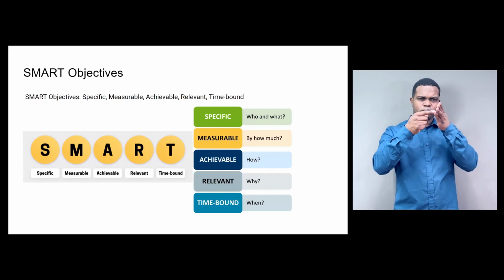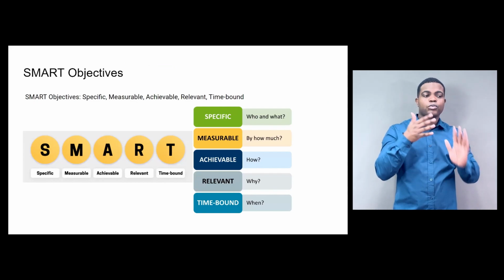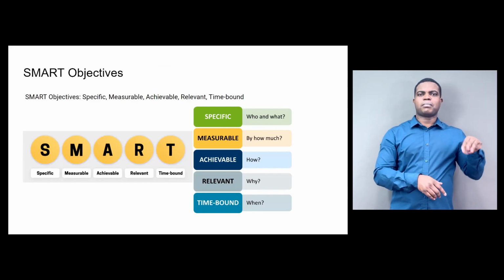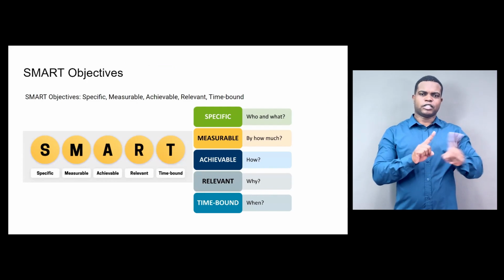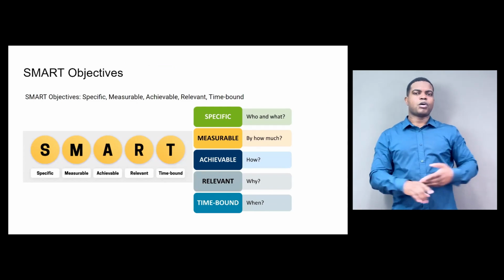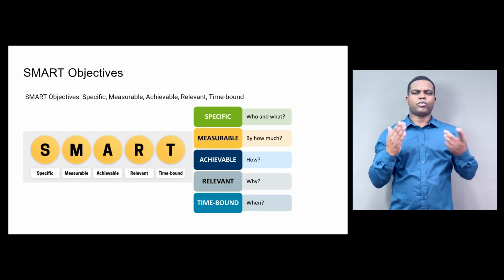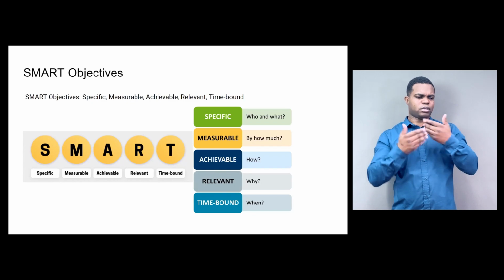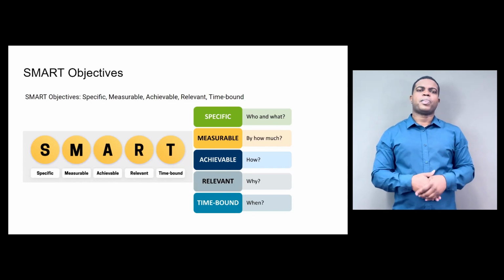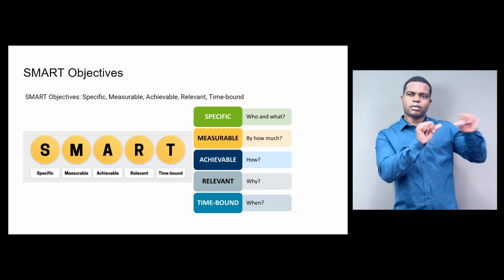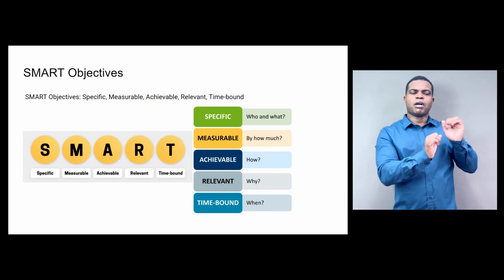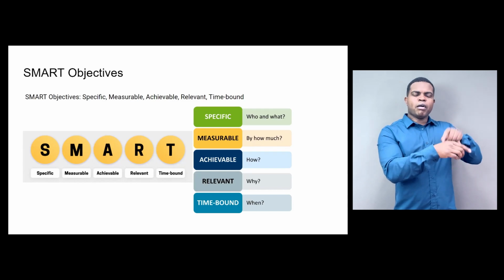Your goals must be clearly defined, but your objectives must be SMART. So those are the major differences between goals and objectives. But for your objectives, they have to be specific, measurable, achievable, relevant, and time-bound.